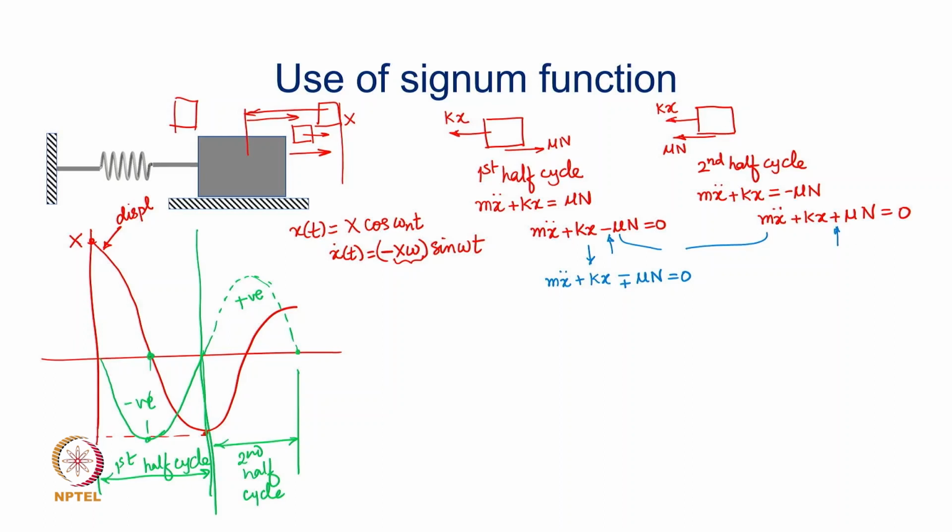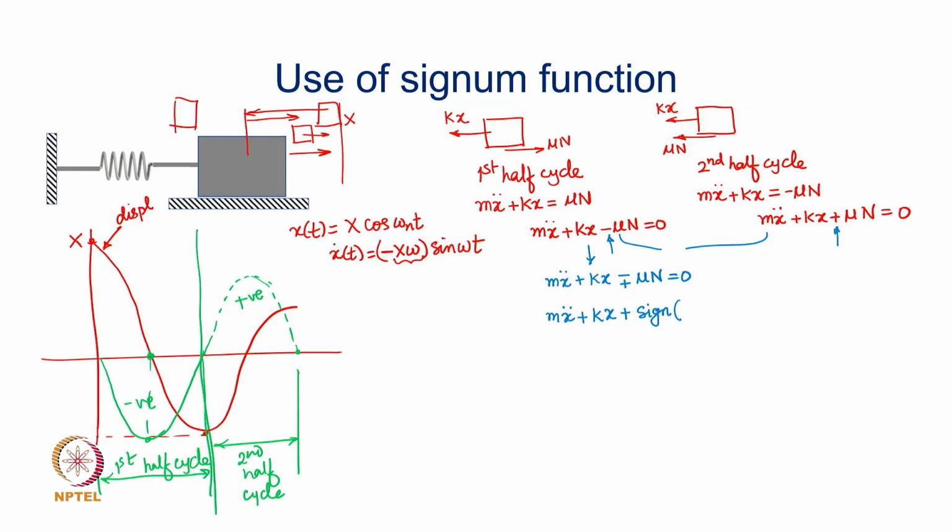Now because I already have a clear idea that in the first half cycle the sign of the velocity is negative when the displacement changes from plus x to minus x, I can simply write here plus the signum function of what? It should not be the displacement.